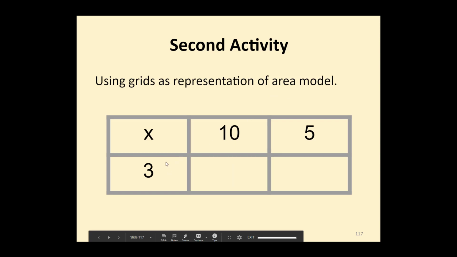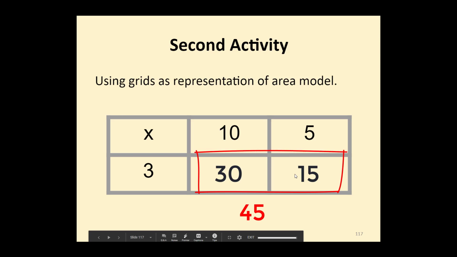So this would be, for example, 3 times 10 plus 5. 3 times 10 would give you 30, and 3 times 5 would give you 15. So 30 and 15 would be 45.